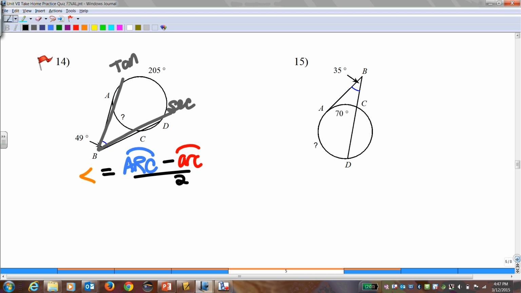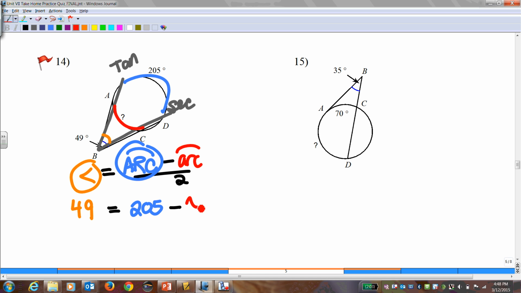And you circle plug chug. Ready? Angle, angle. We actually have it here. Big arc minus little arc, we don't know, over 2. You're going to complete your math from there and double check your work.